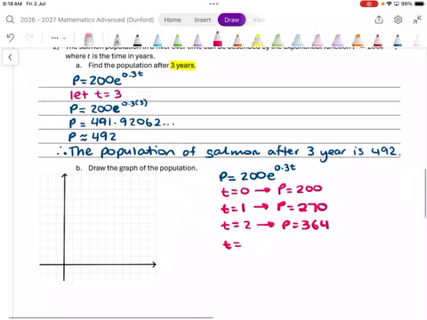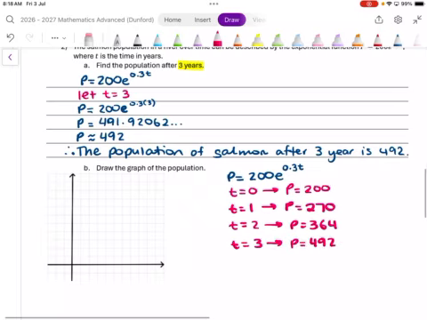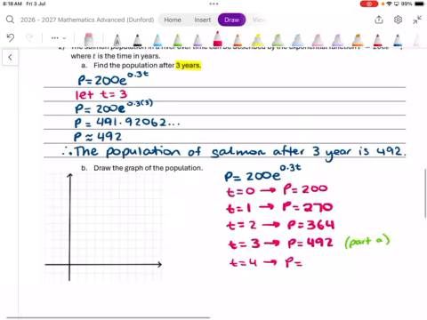When t equals 3, we get P equals 492, and we already worked that out in part A, so we didn't even have to recalculate it. When t equals 4, we get P equals 664, and when t equals 5, we get P equals 896.